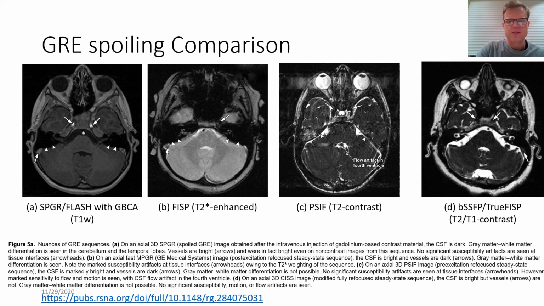The arrows in a couple of these sequences on the left two are pointing to T2 star signal loss, but some bright blood signal. On the far right, we see the really high CSF signal in the balanced SSFP sequence.